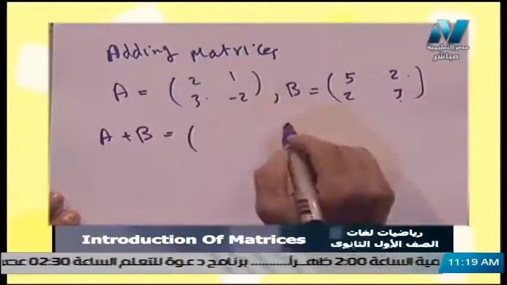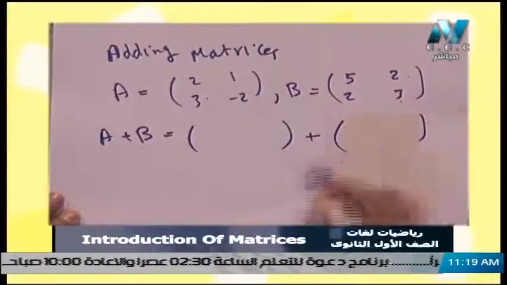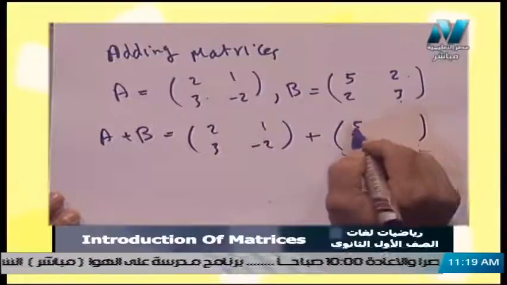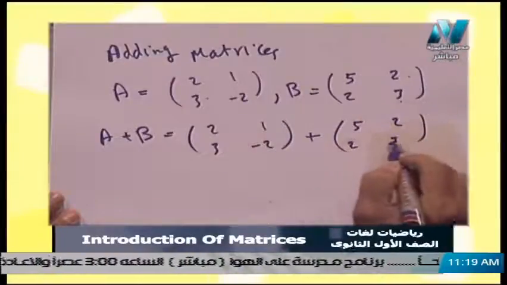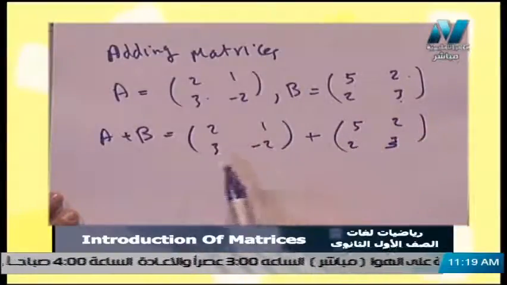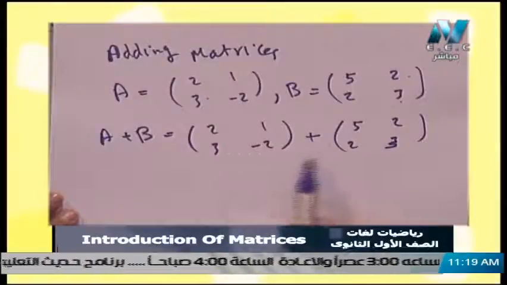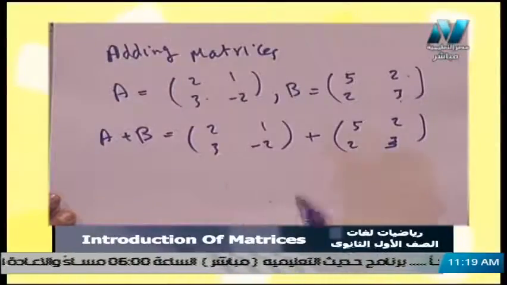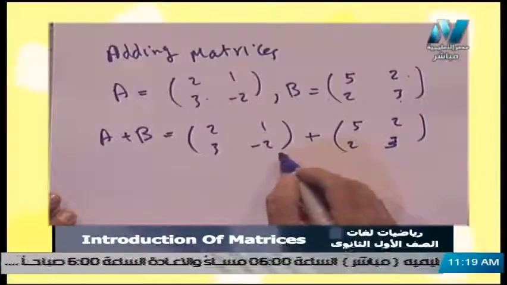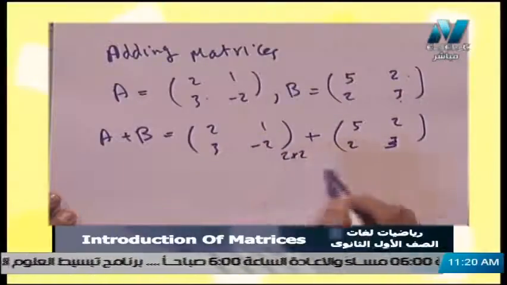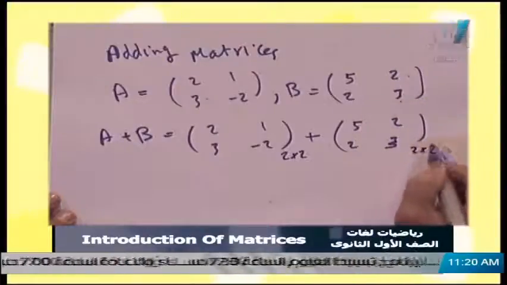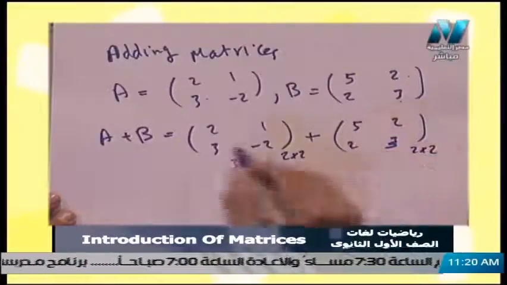We notice that the two matrices have the same order. It's 2 by 2, because we have 2 rows and 2 columns, 2 rows and 2 columns.